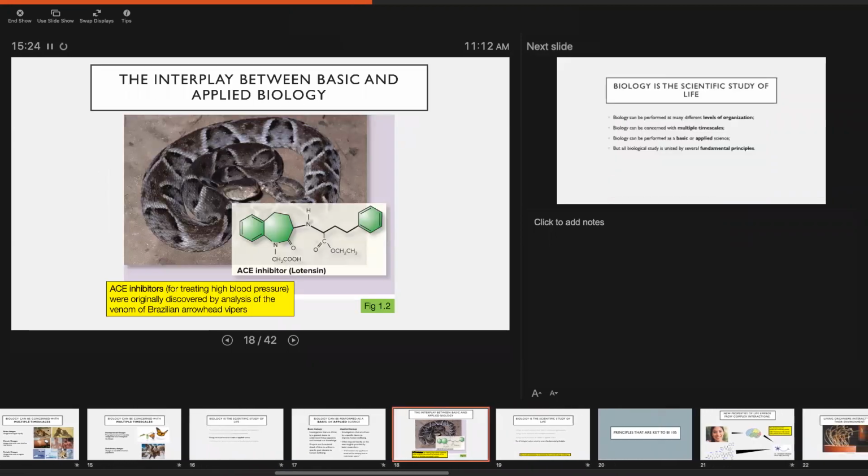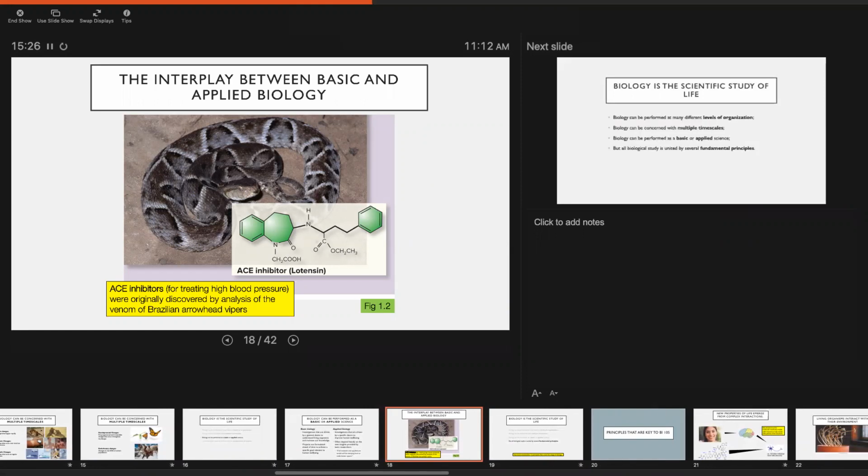One example of this is the way that we studied these things called ACE inhibitors. An ACE inhibitor is a blood pressure medication that lowers blood pressure. Well, this was discovered in the Brazilian arrowhead viper. So the Brazilian arrowhead viper is a snake that lives in the Brazilian Amazon rainforest and has this ACE inhibitor chemical in its venom.